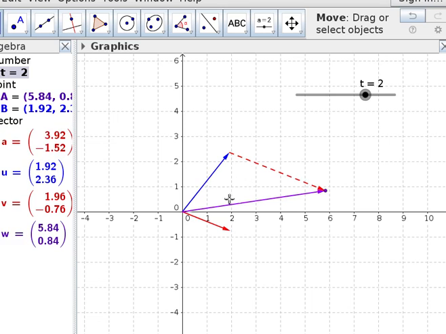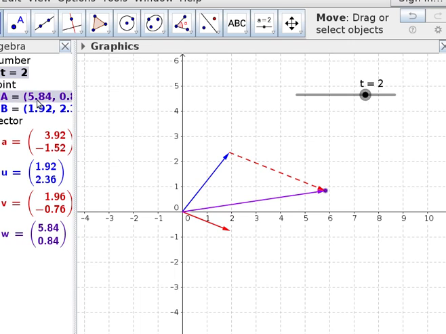But in doing that, I have described a new purple vector, a new resultant vector, and we can think of the point on the end of that resultant vector as being the point that we're interested in. So now I want you to focus your attention on that point.